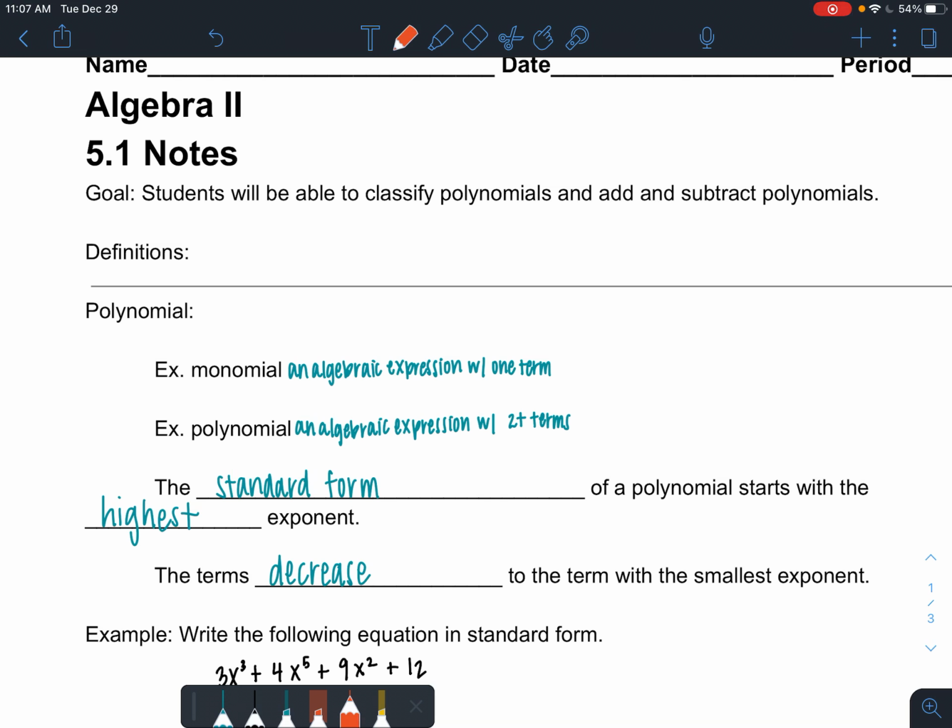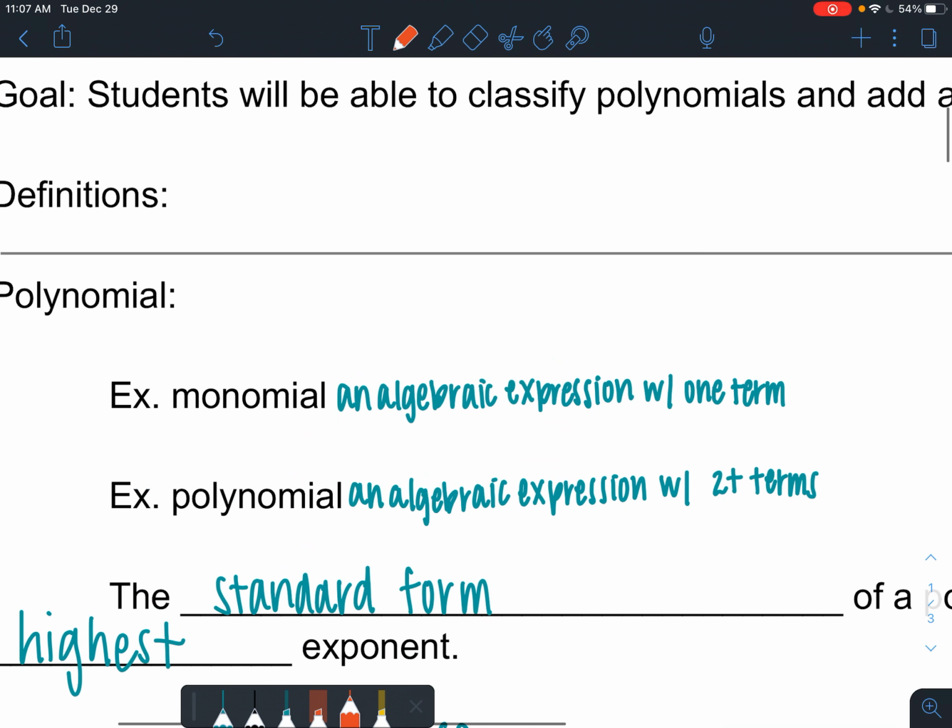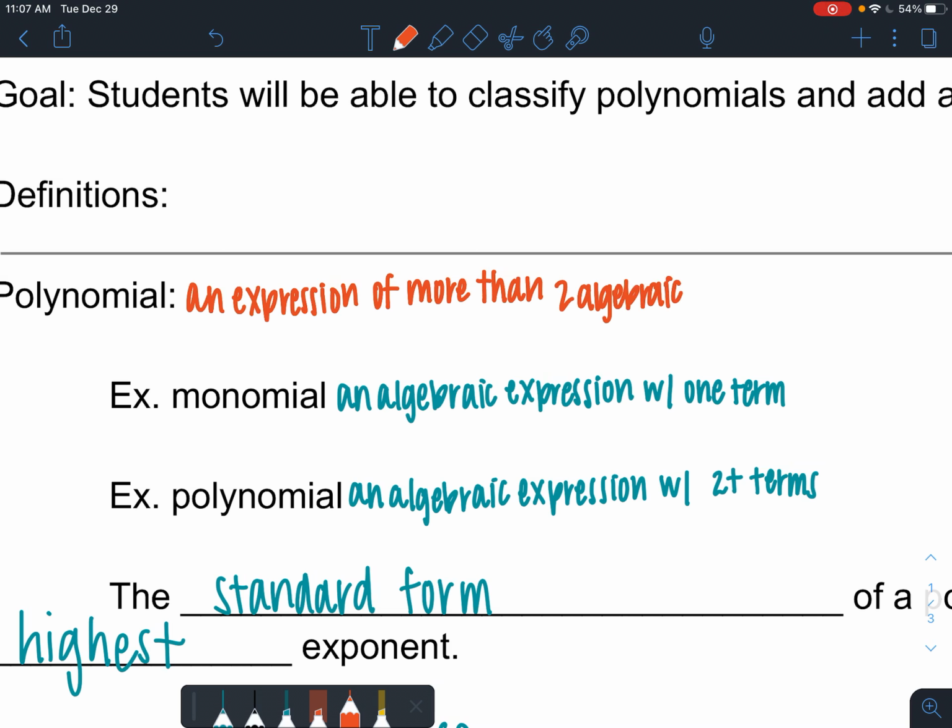A polynomial is an expression of two or more algebraic terms.